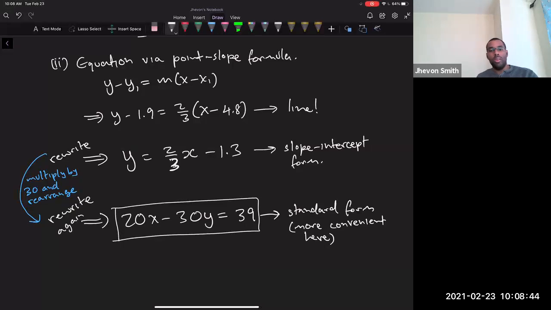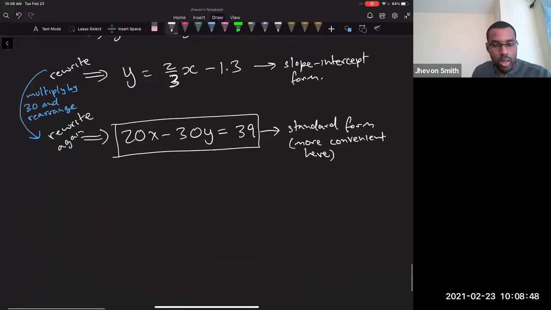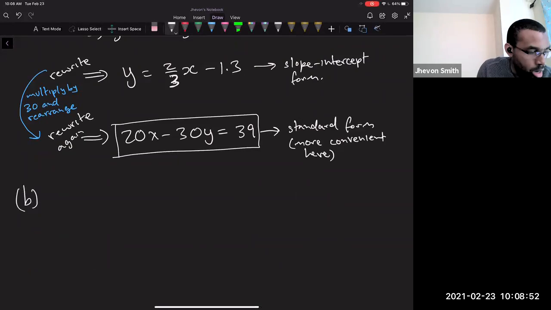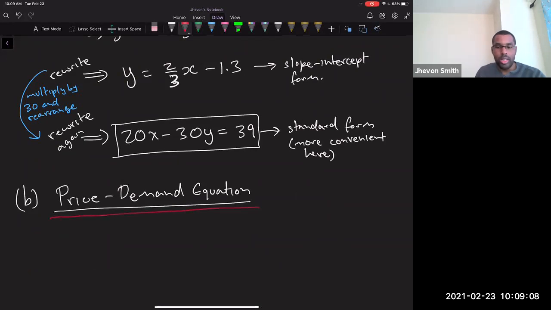Okay. But yeah, these calculations I would expect you to be able to do. Similarly, we can do this for the other part. We can do a price demand equation. Maybe let's do that in the red scenario.